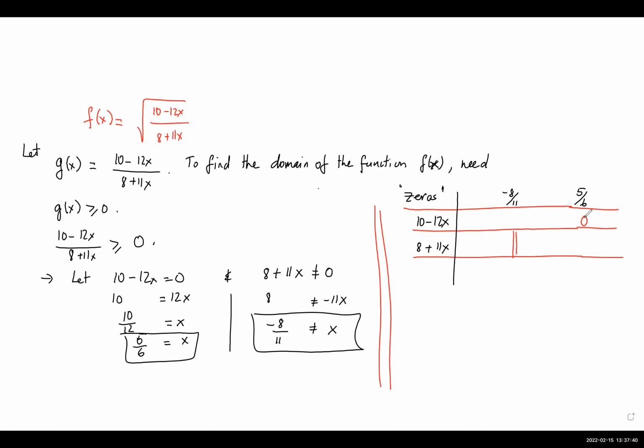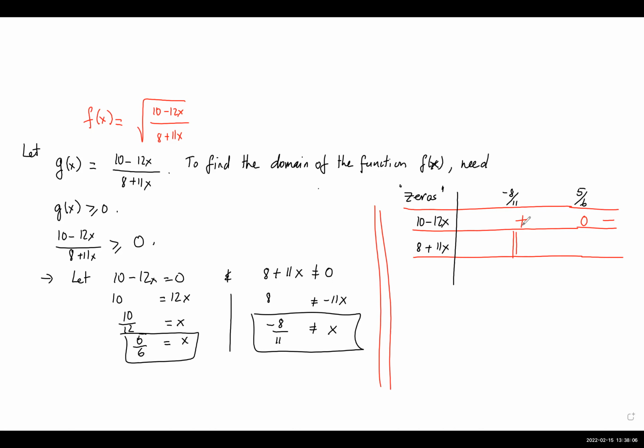On the right side of the 0, it should be negative, because any number greater than 5/6 should make the entire expression 10 minus 12x negative. And everywhere on the left side should be positive.